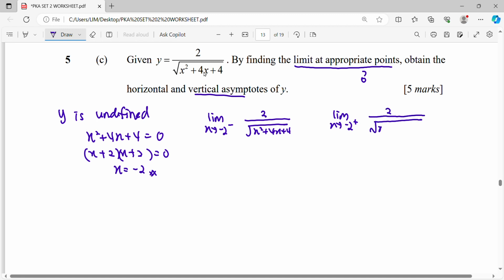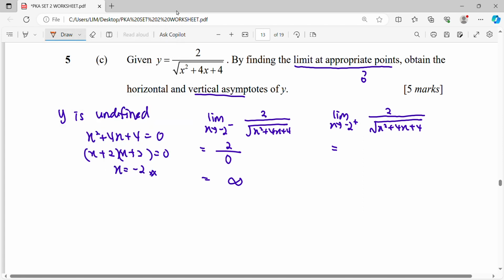If you can get the answer of infinity, it means x equals negative 2 is a vertical asymptote. So try to evaluate when we substitute: 2 over 0, infinity, positive or negative.